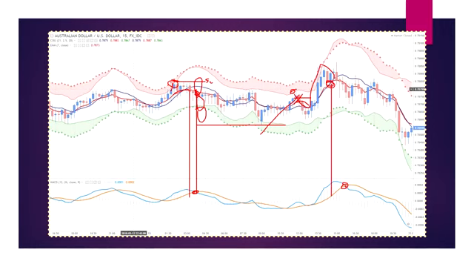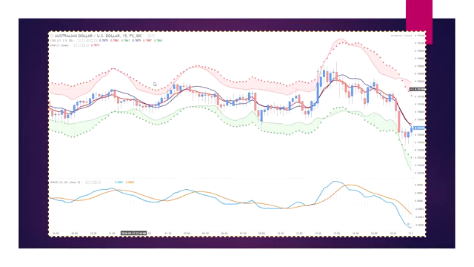For the orange level to cross above the blue one, and that happened here. So if that happened here, this is your entry point, the high is your stop loss, and 1.5 times that size would be your take profit.